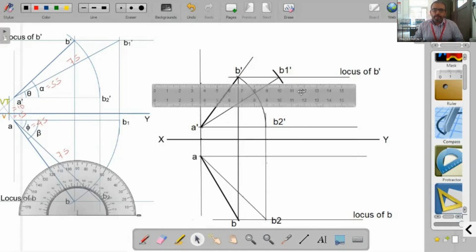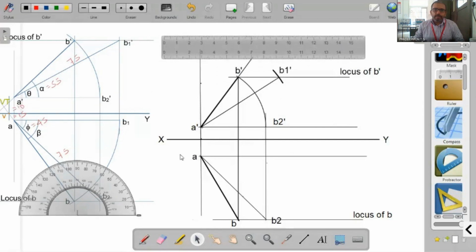Now from B1 dash find out B1. This is for a check. This should be a perpendicular line. As I said, you have to use your protractor. And this is the point B1.